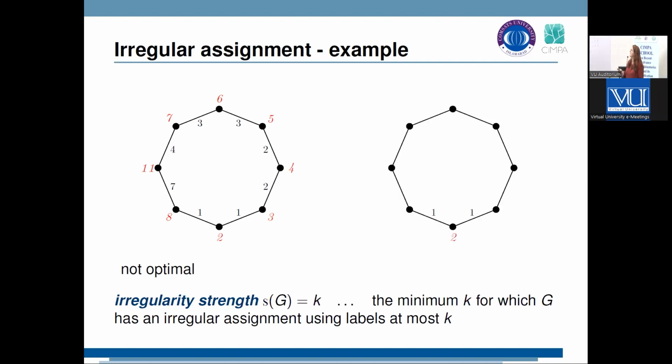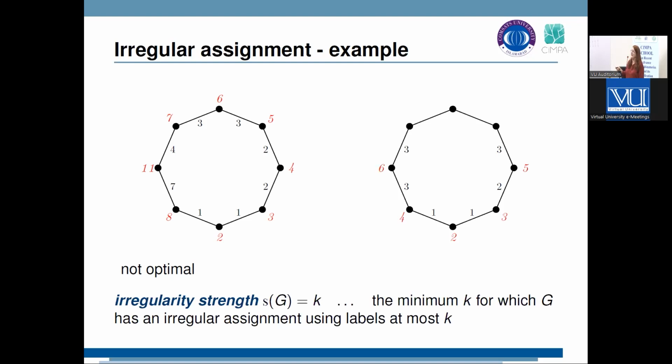Okay, so now try to find such a labeling for this graph. We can do it, for example, in this way. We have labels 1, 1, as in the previous case, and now 3, it's 1 plus 2. But now we will not go in this direction, but in the opposite direction. So we assign number 3 to this edge, then 4. Then we skip to the next side. 3 plus 2 is 5.